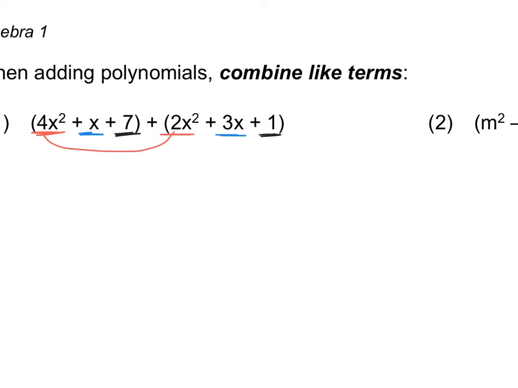So these two can get combined, these two can get combined, and these two can get combined. So if I add 4x squared and 2x squared, what do I get? 6x squared. All right, we're only adding the coefficients. If I add, this is an assumed 1x, understood coefficient, number in front of the x, even though it's not written there, it's assumed to be a 1. 1x plus 3x, 4x. And then the last part is simple because there's no variable there. 7 plus 1 is 8.